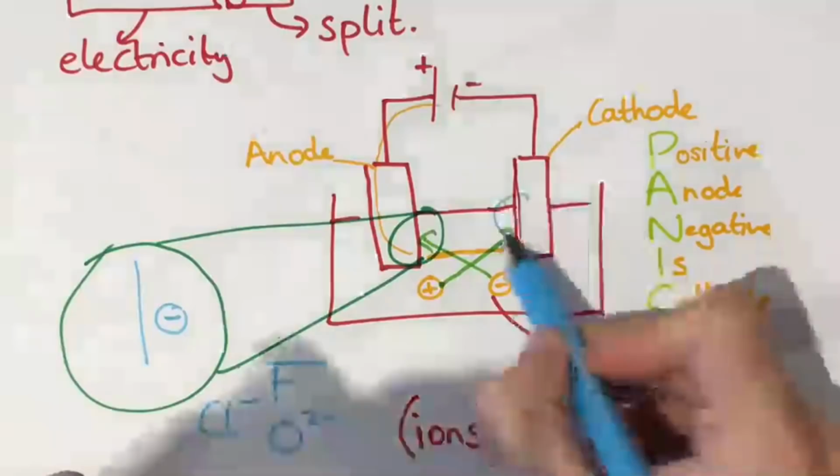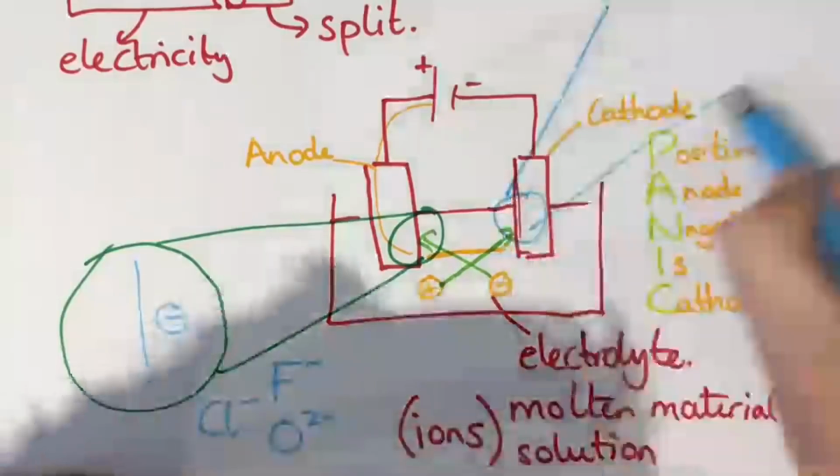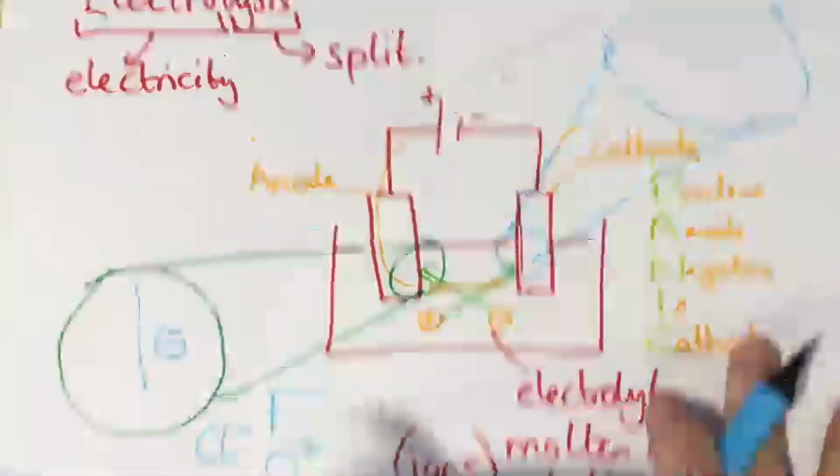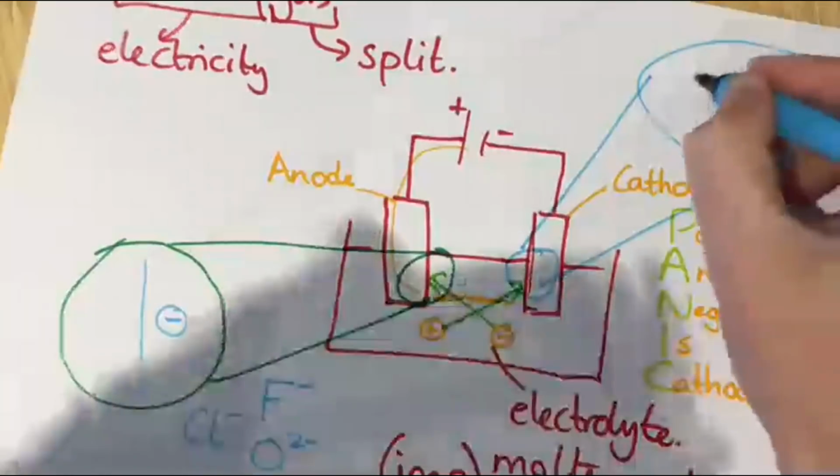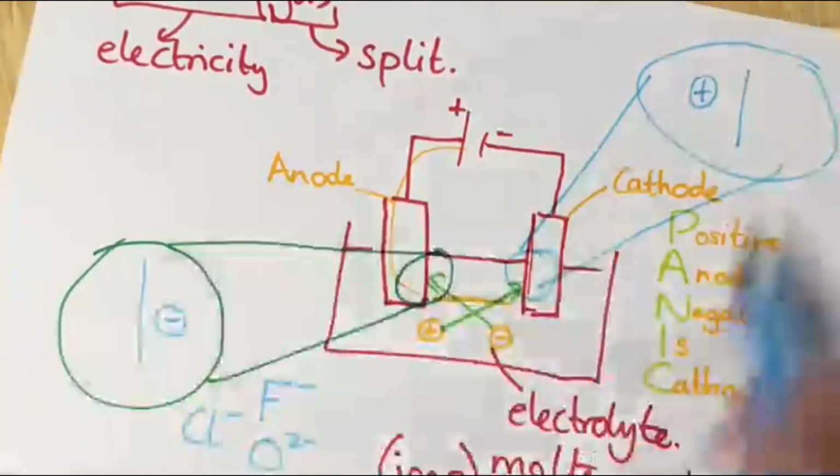And at the cathode, you have the positive ions. And what's going to happen is electrolysis, as we said, is splitting stuff and going back to where they were.